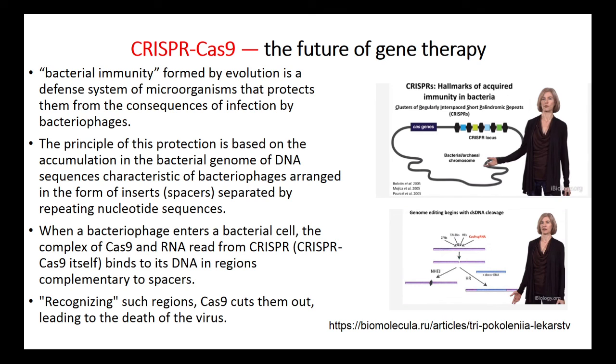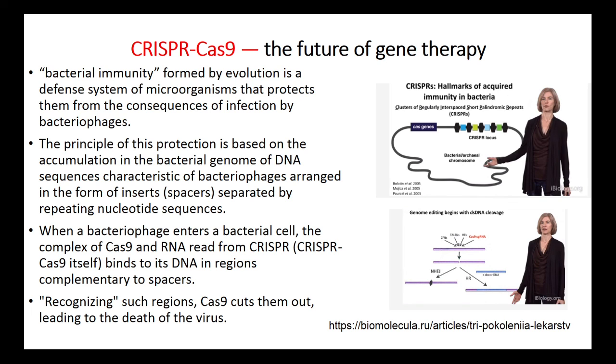It is based on this technology, and in this lecture they speak about bacterial immunity, which was formed by an evolution mechanism and is a defensive system of microorganisms that protects them from the consequence of infection by bacteriophages.